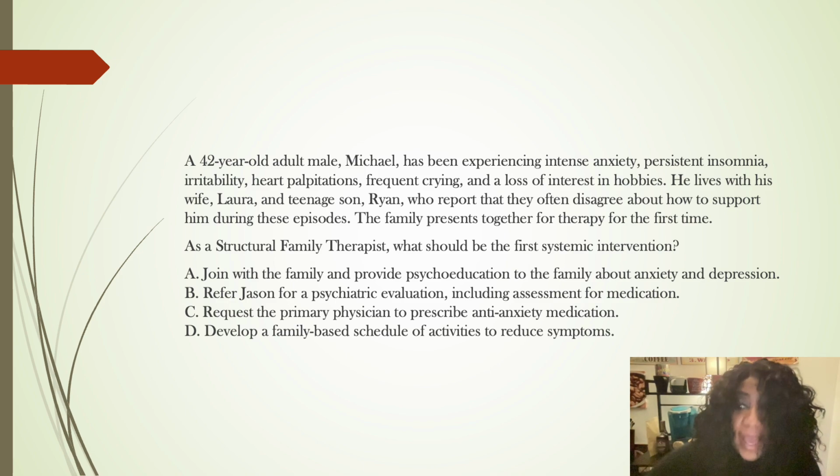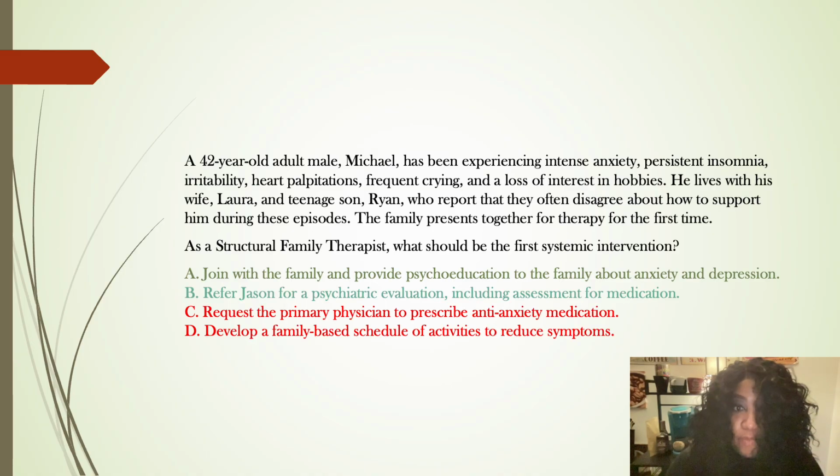Now, we are in a first session. This is a structural family therapy question, but don't be fooled. This is one of those questions where you need to pay attention to what this question is actually asking you. As a structural family therapist, what should be the first systemic intervention that you should do?